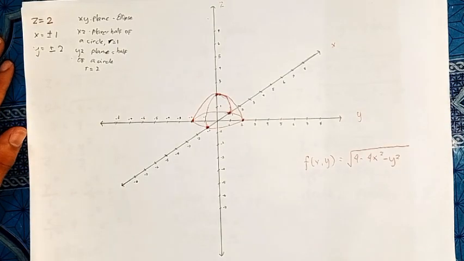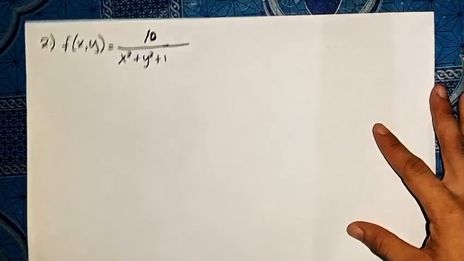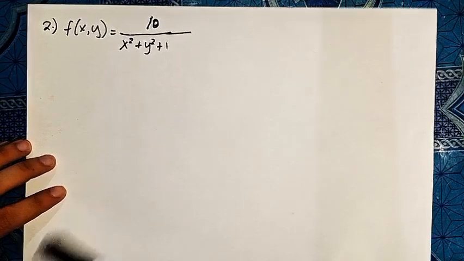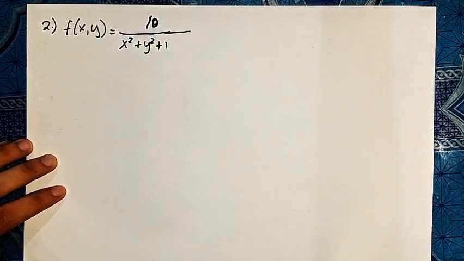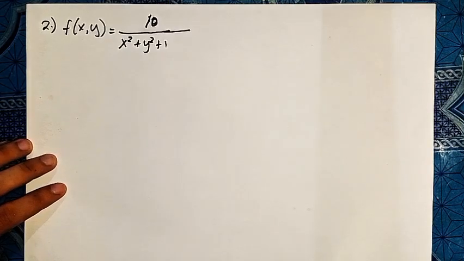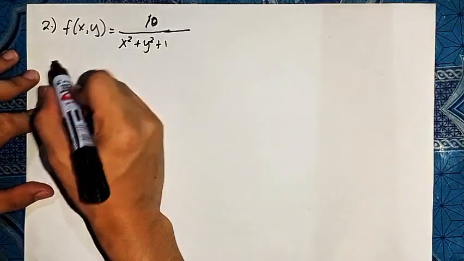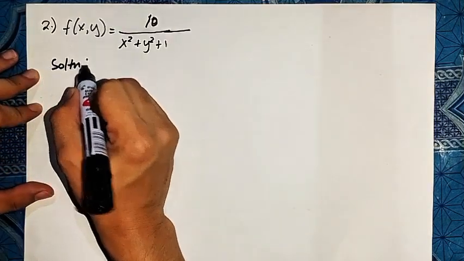Now let's proceed to item number 2. In item number 2, we have f of x and y is equal to 10 over x squared plus y squared plus 1. We're going to graph this function with the same process from item number 1. So we start solving.